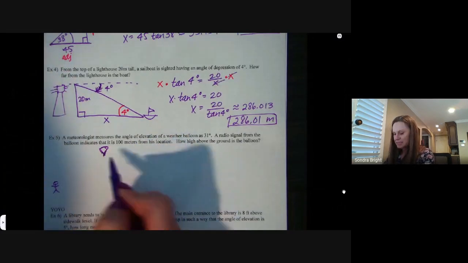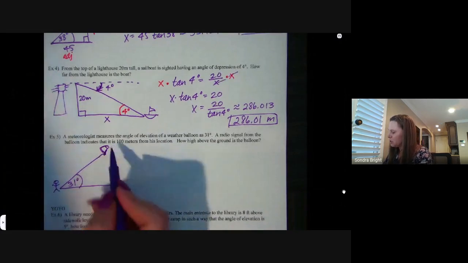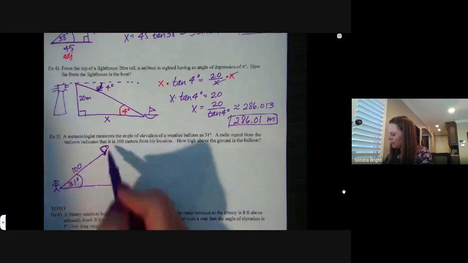So they're saying that this angle of elevation is 31 degrees. So from where he's standing to seeing the balloon is 31 degrees. A radio signal from the balloon indicates that it is 100 meters from his location. That means that's that distance. How high above the ground is the balloon? We want x.